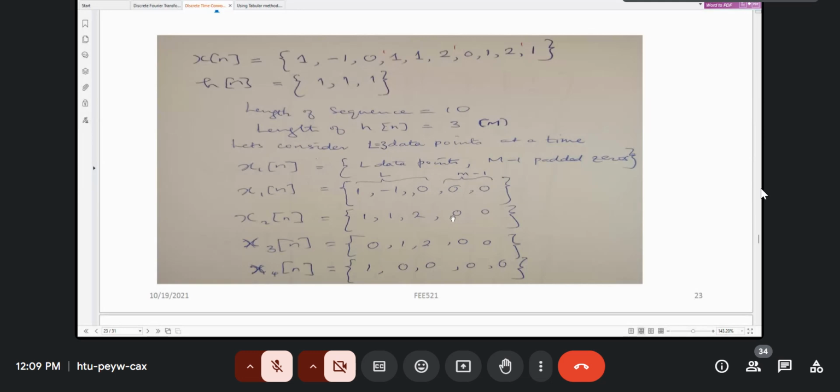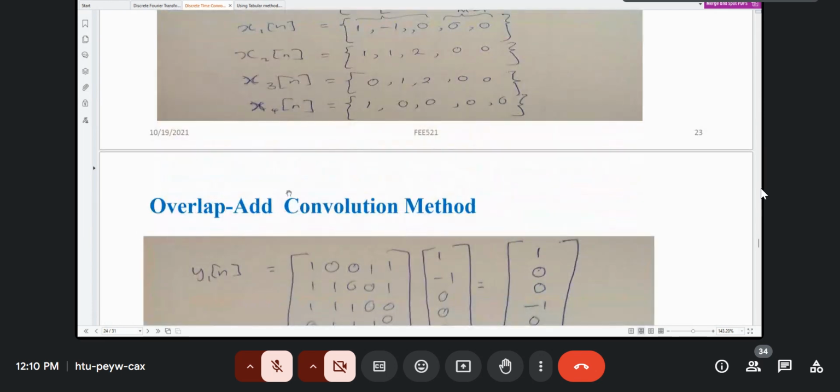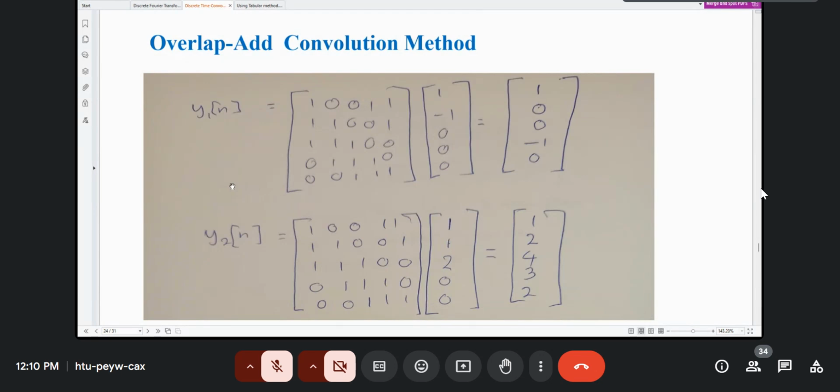So we did work out, in this case, we just chose a block length equal to the length of the impulse response, and then, of course, that's part of the algorithm, you add m minus 1 zeros, you pad with m minus 1 zeros, and that gives you the length of your new sequences, and then use the circular convolution method.